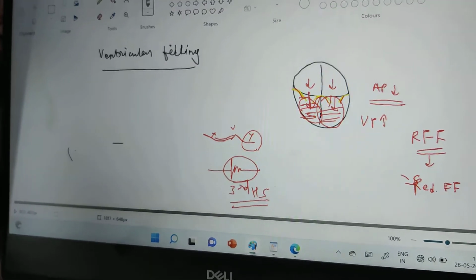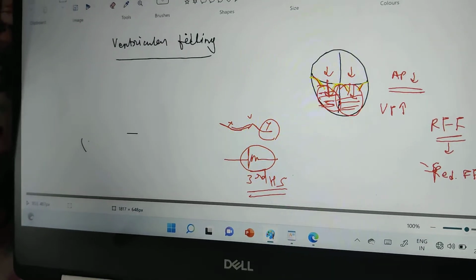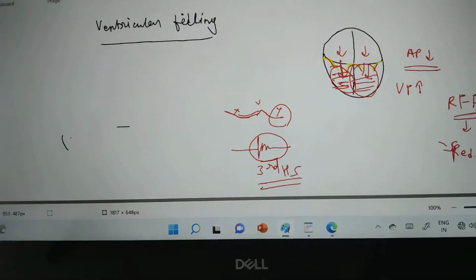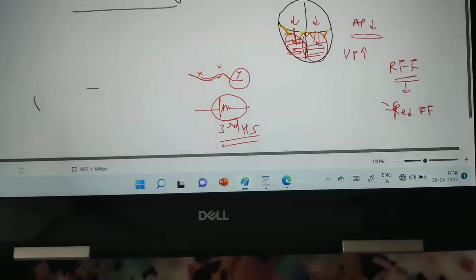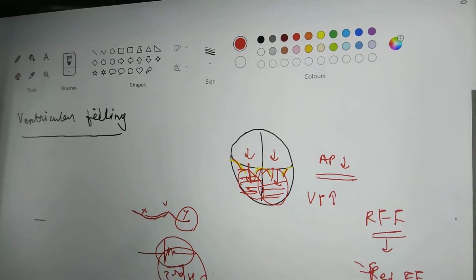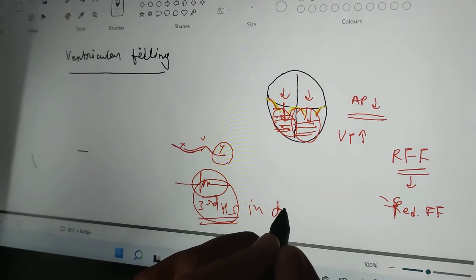In children it is normal, but in adults it's only heard in ventricular dilation.